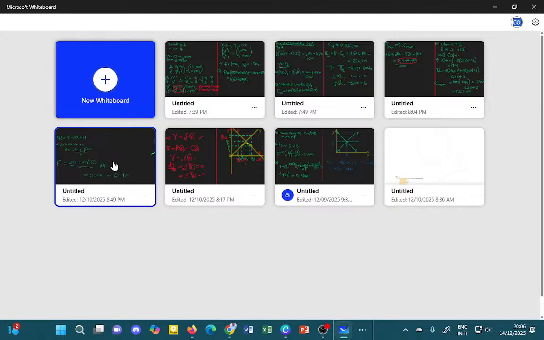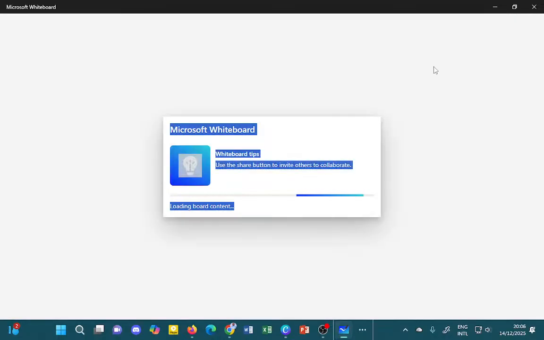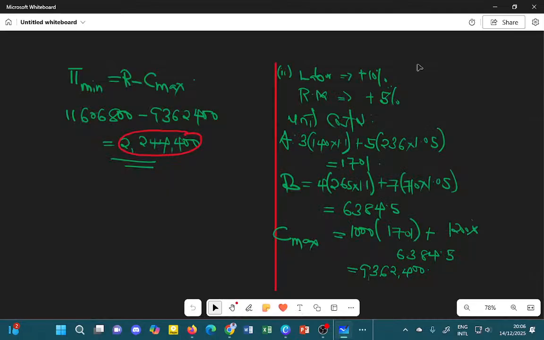We had it to be 3,297. I can't seem to trace the board where it was, but expected maximum profit we worked out to be 3,297.